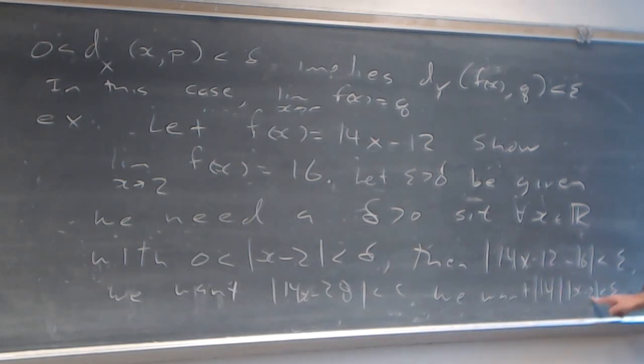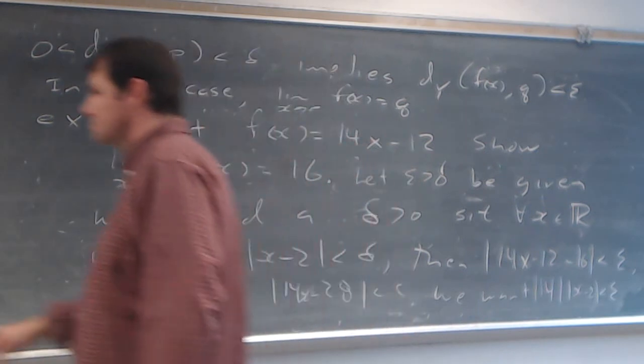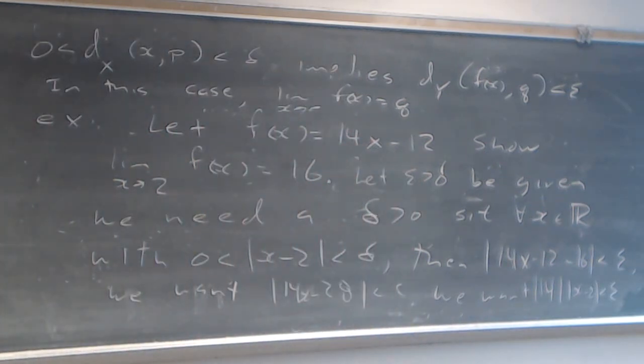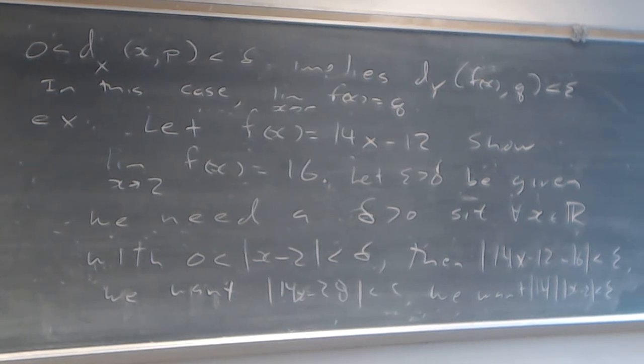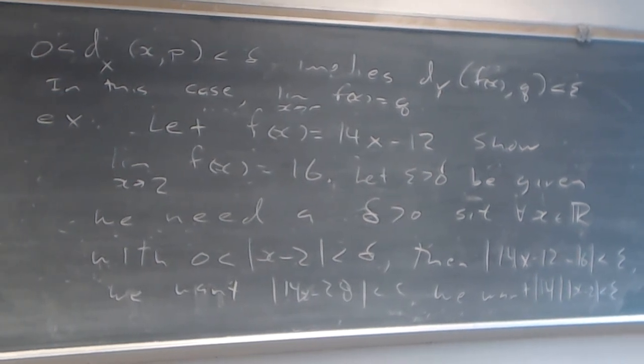And look, that's what I get to control. The absolute value of x minus 2, I get to pick the delta, okay?